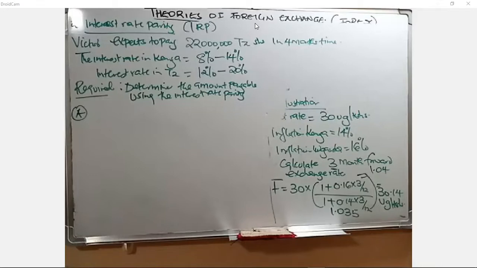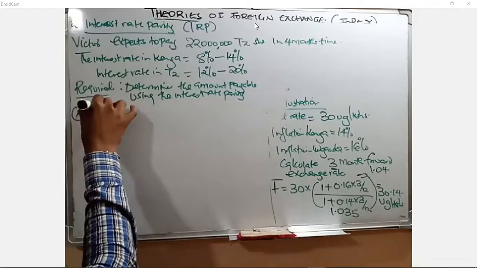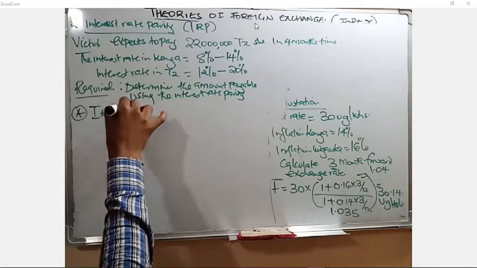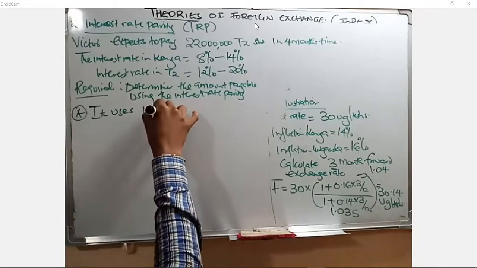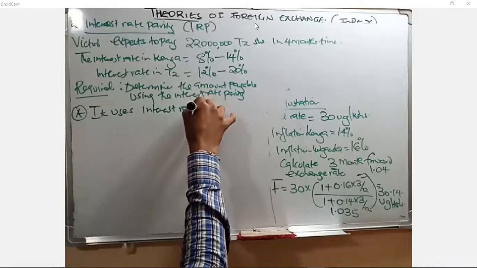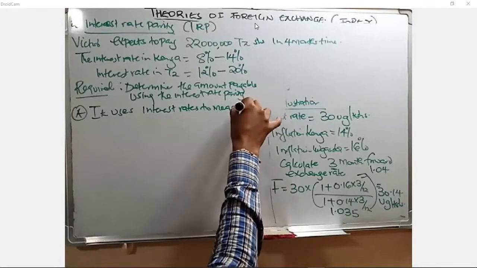The interest rate parity, which we like most. So what is it? In this case, I can say the interest rate parity uses the interest rates to measure the equilibrium.